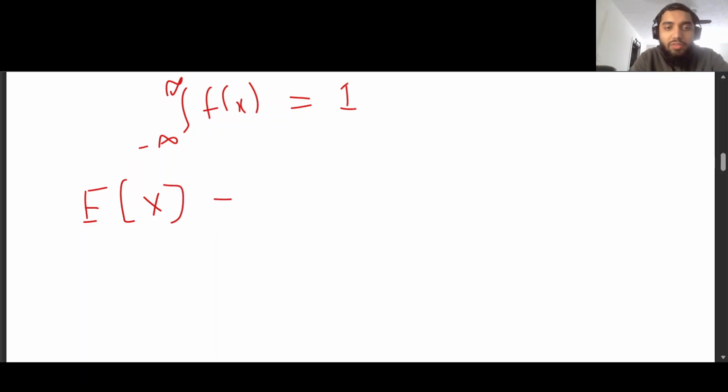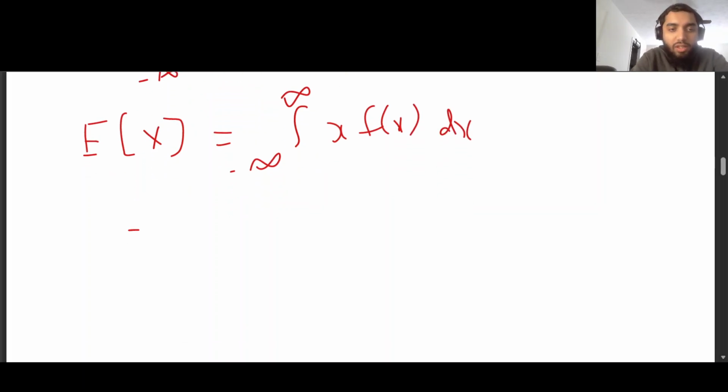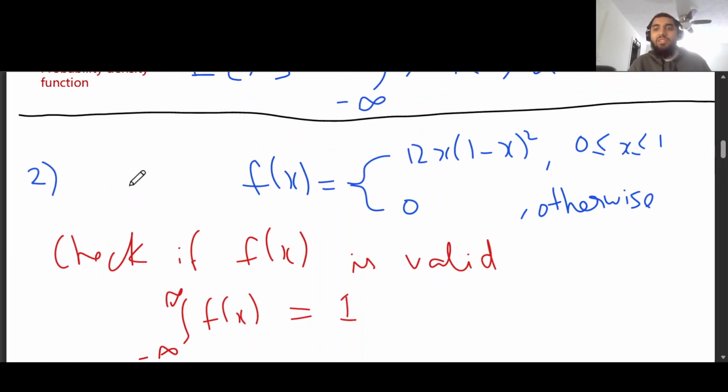So the expected value of x, the formula was the integral from negative infinity to infinity of x f of x dx. If you look at the function, the x values are only valid between 0 and 1 and everywhere else it is just 0.